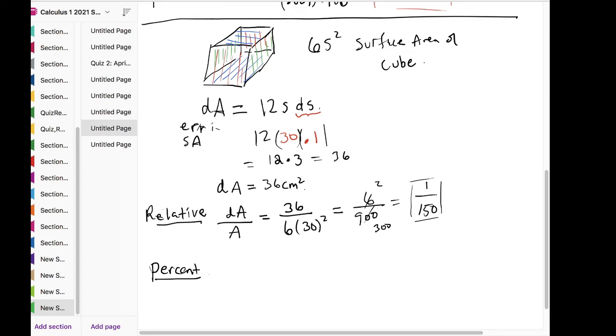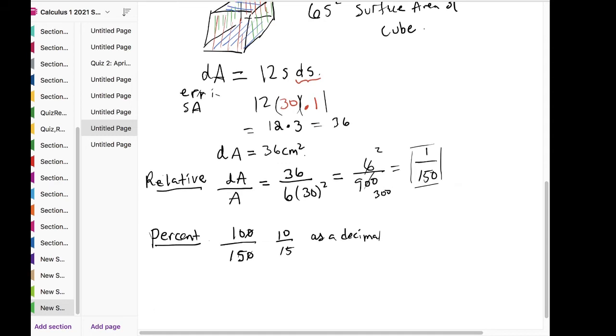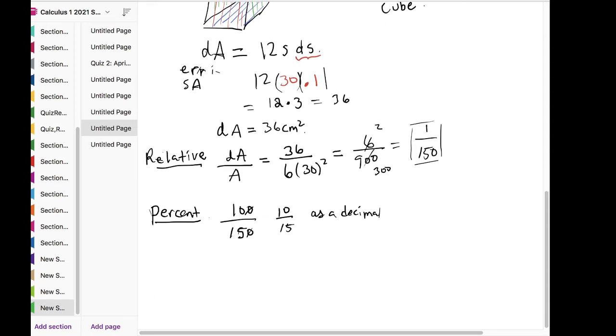So it's 100 divided by 150. 10 over 15 then as a decimal. What's 10 over 15 as a decimal? 0.66.